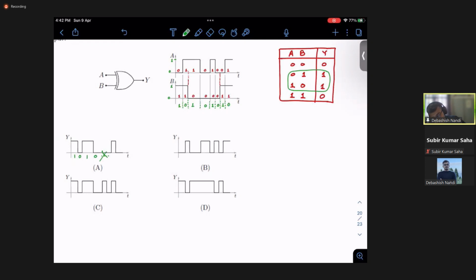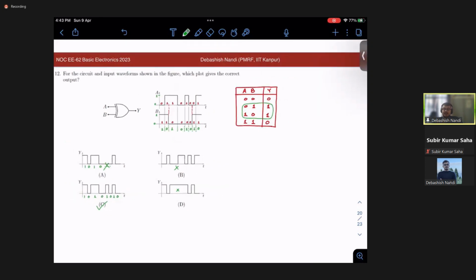So this is not the right option. Again, a long pulse of 1 is not correct. Let's see here: 1, 0, again 1, then 0, then 1, then 0, then 1, then 0. So C seems right. C will be your right answer.